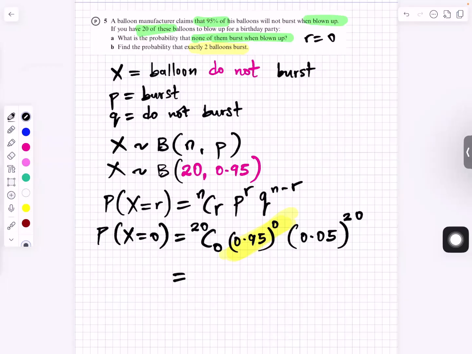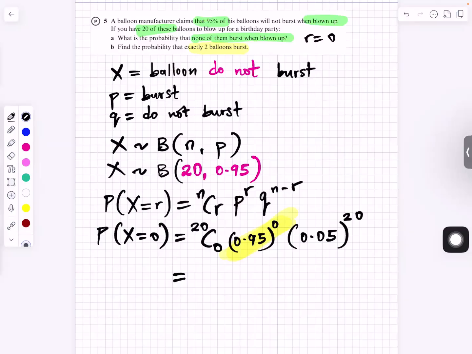It would be 9.54 times 10 to the negative 27. Probability of X equals 0 is 0.05 to the 20. Let's check again. Let me just check here to make sure. What is the probability that none of them burst when blown up?